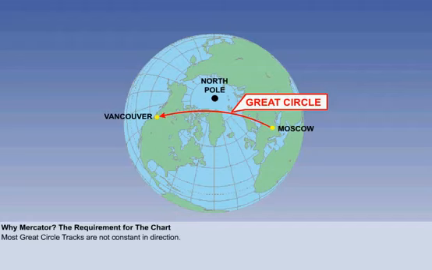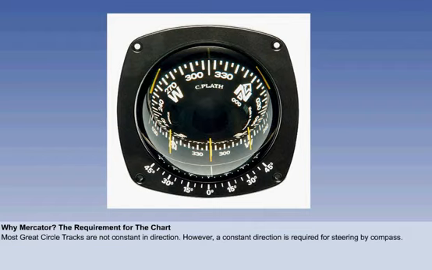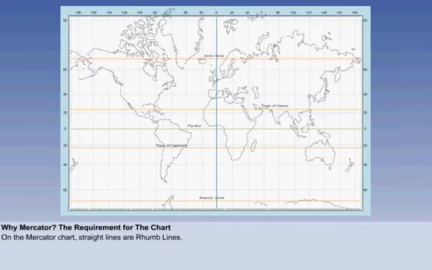This great circle tracking technology became available only after about 1970. Before that, navigation was by compass, which required the aircraft to be steered in constant directions for long periods. The Mercator chart was the first chart which allowed this to be done correctly.